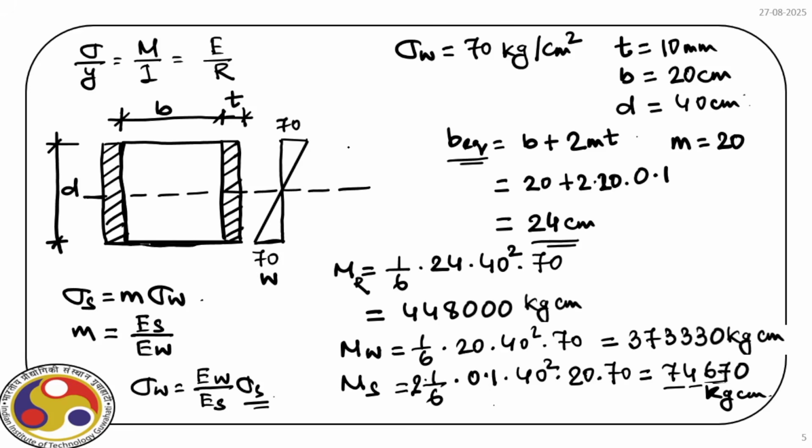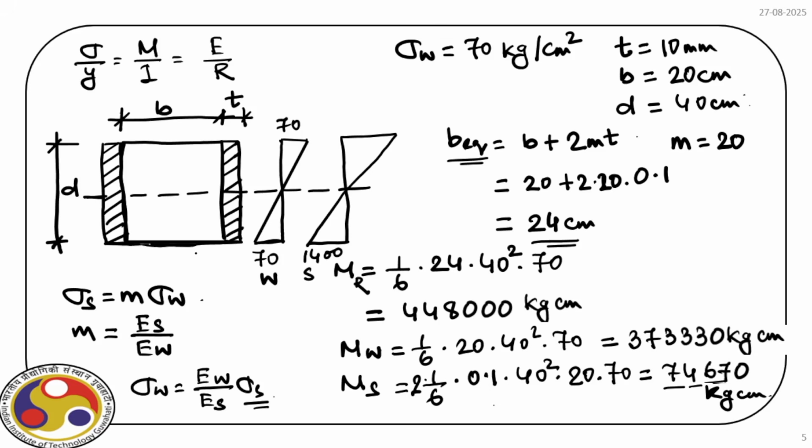Similarly, we can also draw the same for the steel, and for steel it is 20 times 70. So it is 1400. So that is steel. So we get the idea of modular ratio when we have two different cross sections, right?